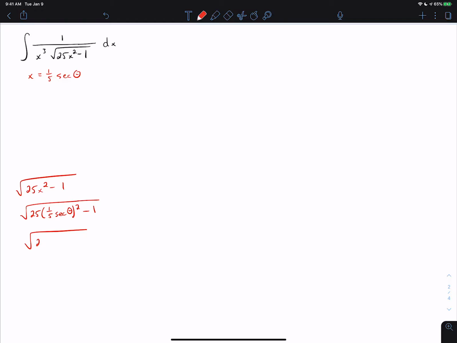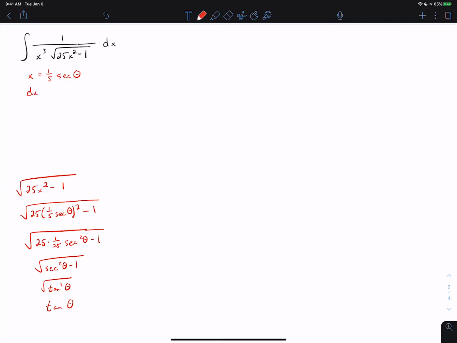That gets us 25 times 1 over 25 secant squared theta minus 1. The 25's cancel, so we get secant squared theta minus 1. So we get the square root of tangent squared theta, which is tangent theta.